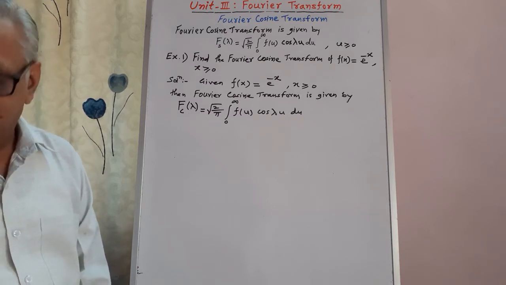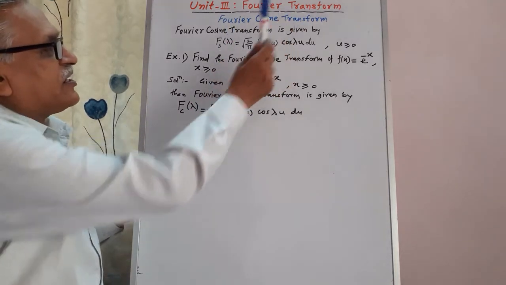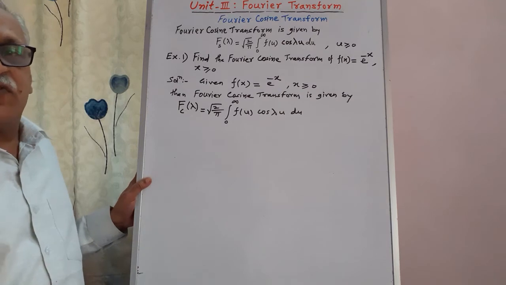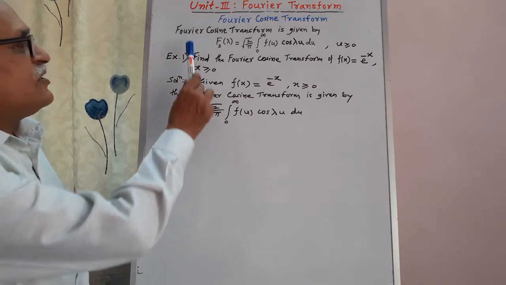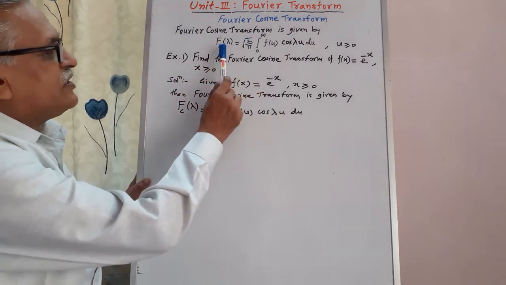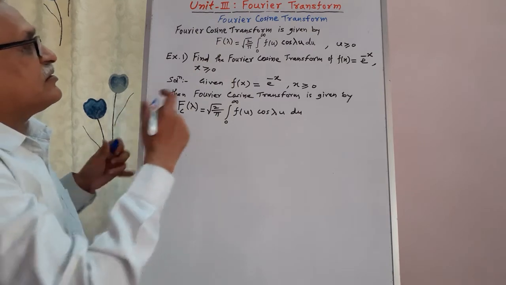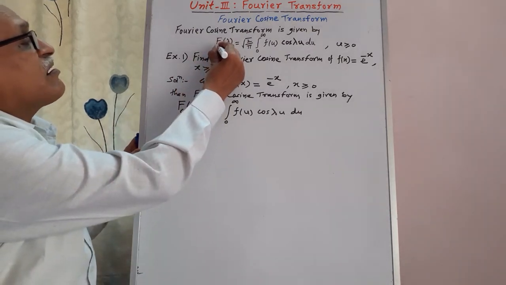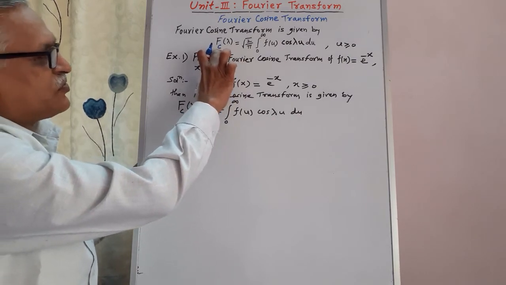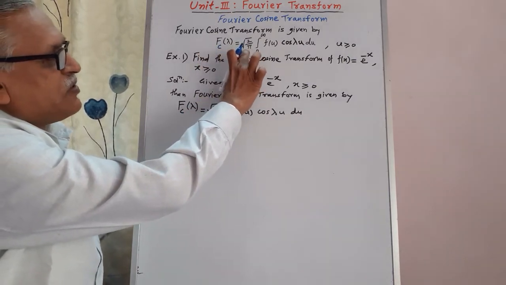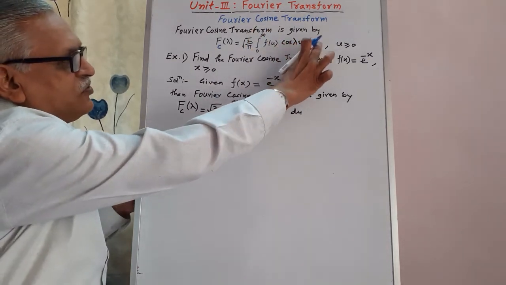Today I am presenting my video on the topic Fourier cosine transform. Like Fourier sine transform, we try to discuss Fourier cosine transform. Fourier cosine transform is given by Fc(lambda), where C stands for cosine transform, is equal to root 2 by pi integral from 0 to infinity f of u cos of lambda u du.